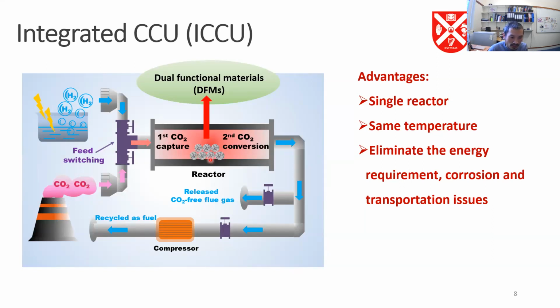For example, we can use calcium oxide as a solvent, and when we introduce flue gas, the CO2 will be captured in the reactor. When the solvent is saturated, or when the carbon capture stage finishes, we switch off the CO2 source. We then switch on the reducing agent like hydrogen. The hydrogen introduced will react with the captured CO2 directly and produce a product.